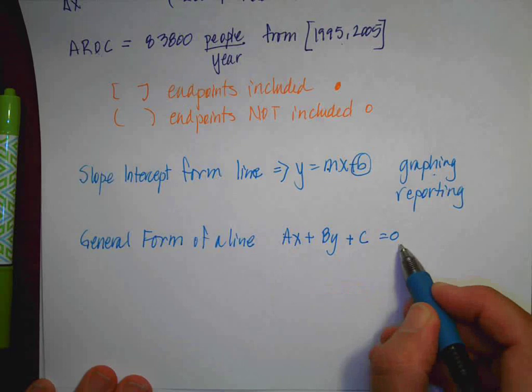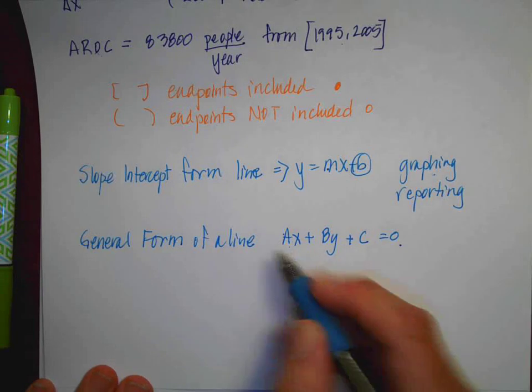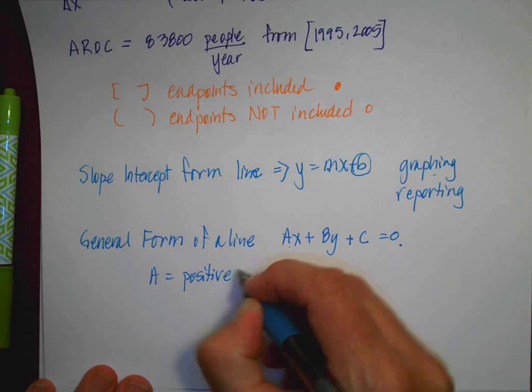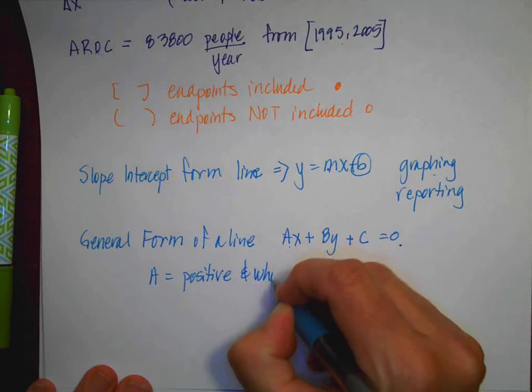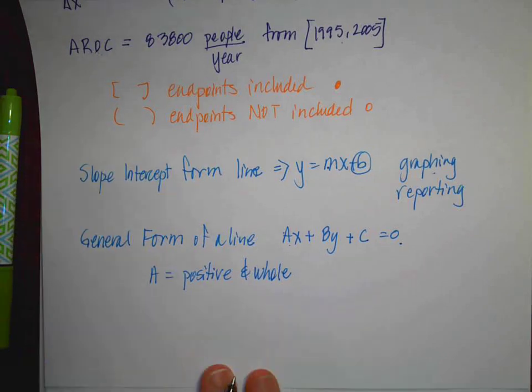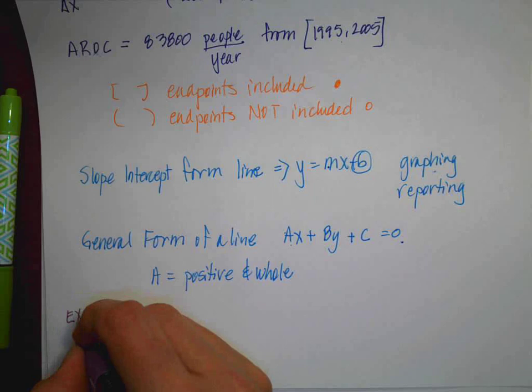Things to notice about this is that everything is on the left. There's nothing on the right. Okay. A has to be positive and a whole number. So if it's not, then you can manipulate the equation to make sure that you get to that point.